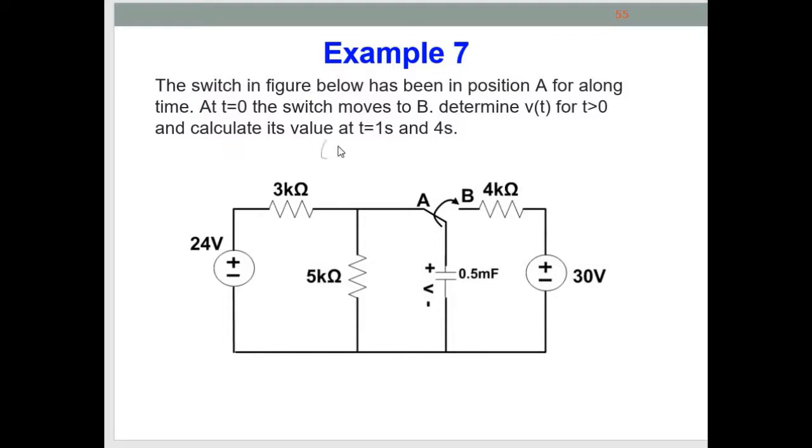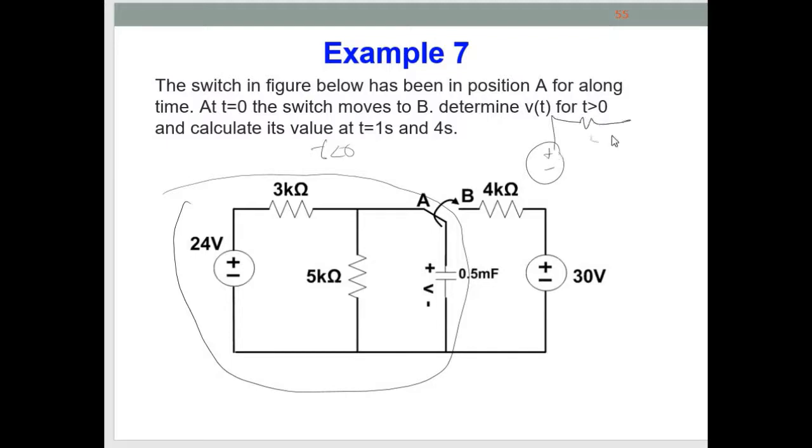When t less than 0, only this component is involved. So the circuit will be like this: 3K, 5K, and the capacitor here becomes an open circuit. So V capacitor here refers to the V across the 5 kilo ohm. This is the condition when t less than 0.